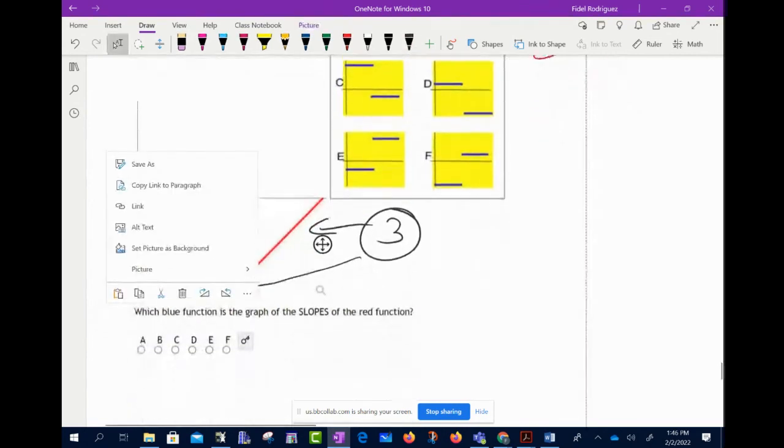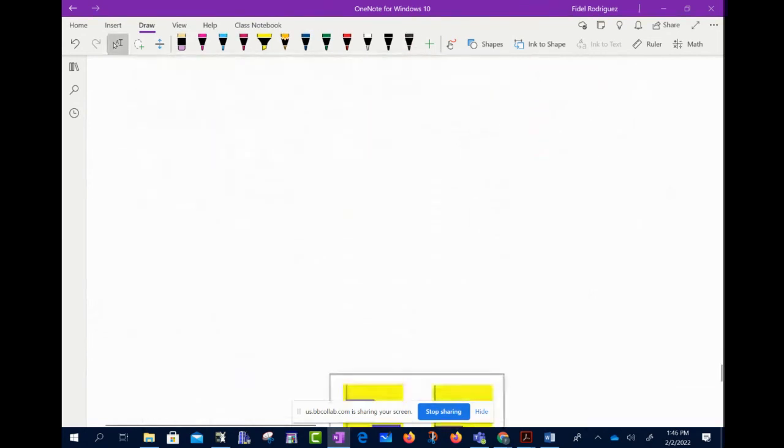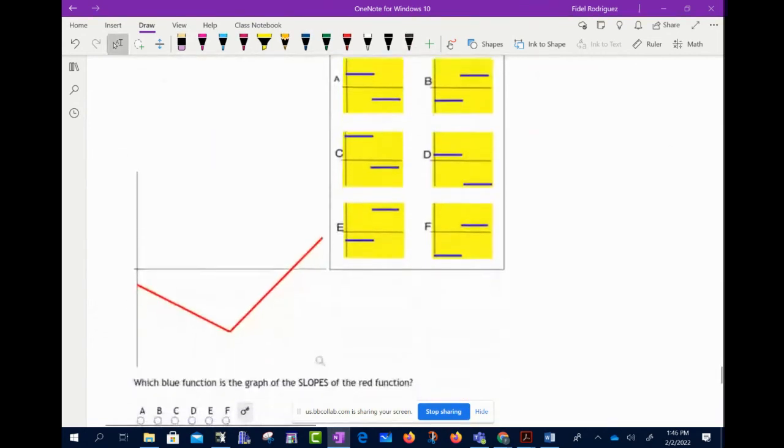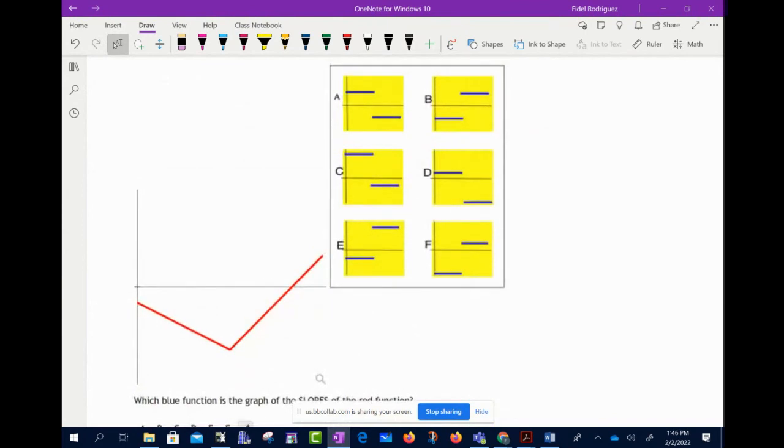Now, I want you to look at that problem, and there's one more. Here we go. Almost the same type of problem, right? If we were drawing the tangent line here, would you say the slope here would be negative or positive? Negative. And this one here would be positive. Now, you know they're not the same, right?